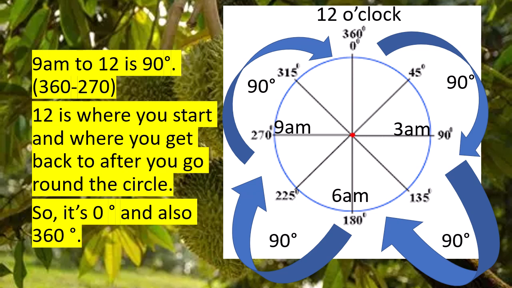And then 9 a.m. till 12 o'clock again is another 90. 360 for the total minus 270. So 12 is where you start and where you get back to after you go around the circle. So it's 0 degrees, also 360 degrees.